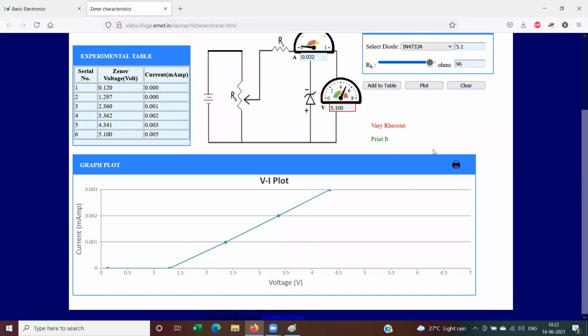Are you getting this curve, this plot? Please note that the current is in milliamps. Are you getting this plot?